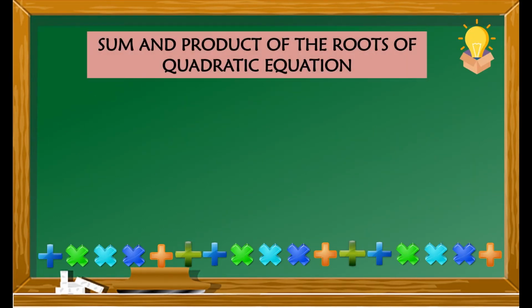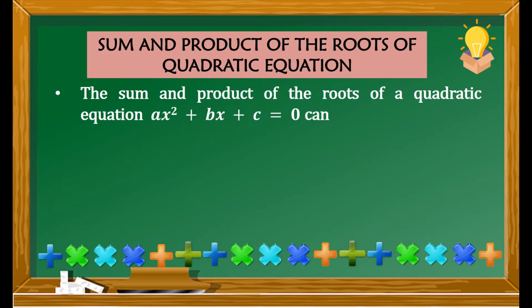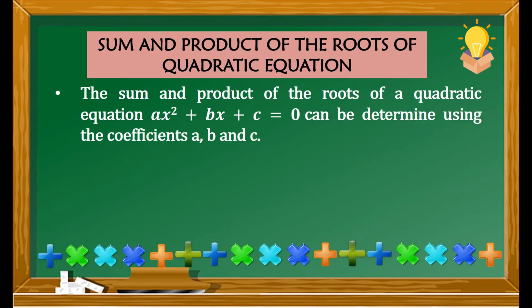Sum and product of the roots of quadratic equation. The sum and product of the roots of quadratic equation ax squared plus bx plus c is equal to 0 can be determined using the coefficients a, b, and c. So the sum and product of the roots are related to the coefficients a, b, and c.